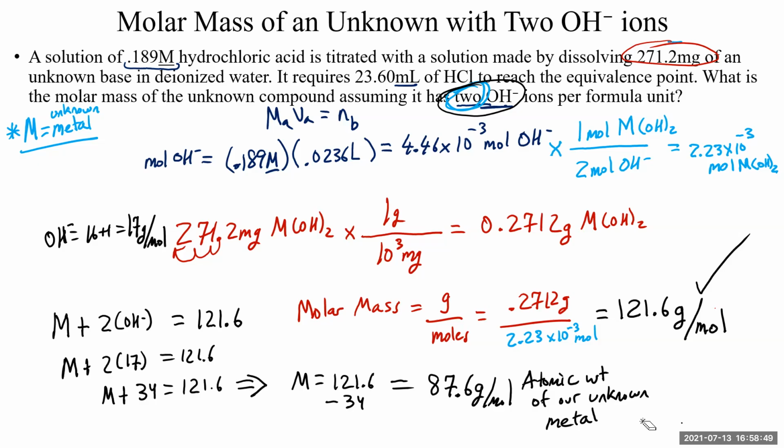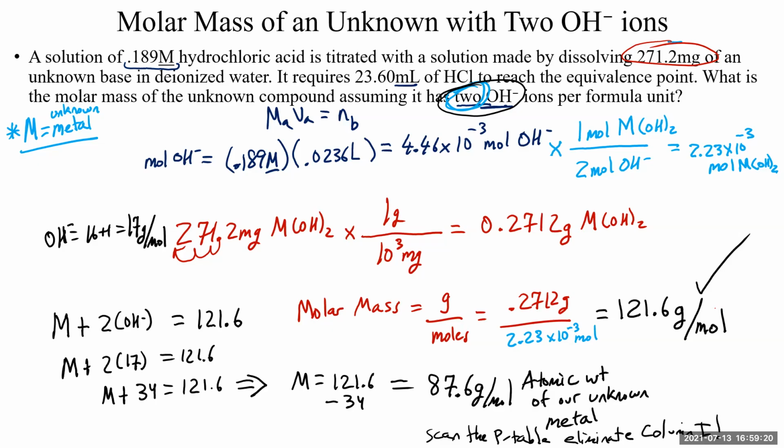So what metal? Let's scan the periodic table and find a metal. Oh, and by the way, find a metal that can take on 2 hydroxides. Immediately you can eliminate group 1, because group 1 can only have 1 hydroxide, since they are positive 1 metal ions. So eliminate column 1 from your search.